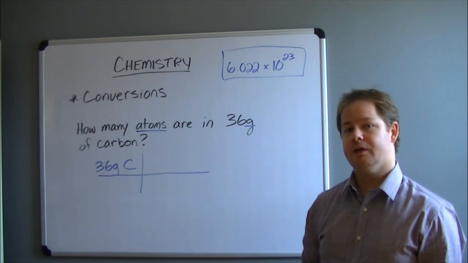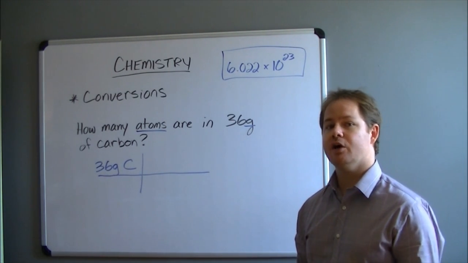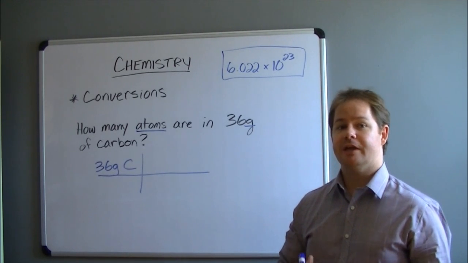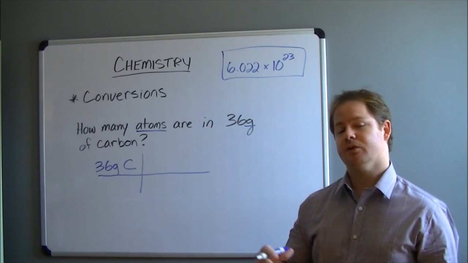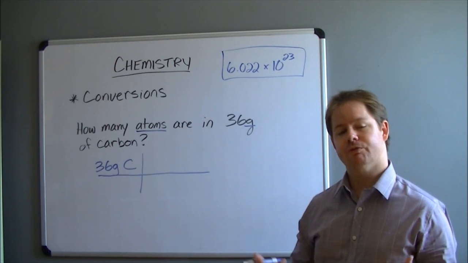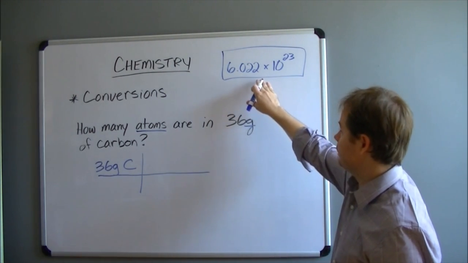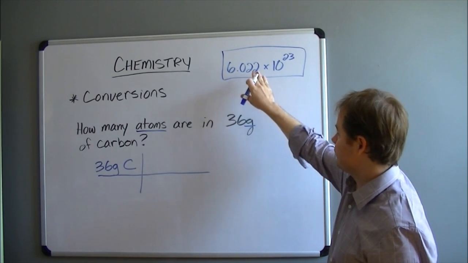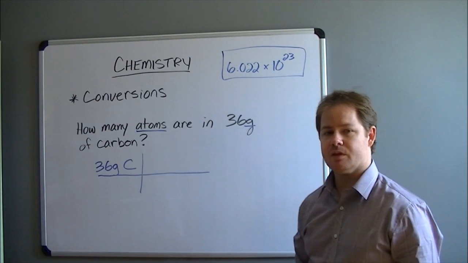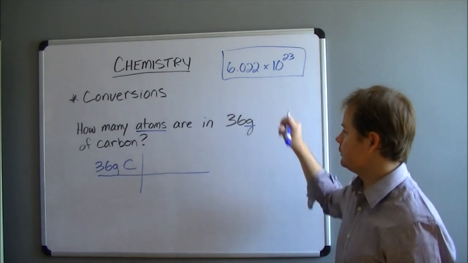Similarly to, in numbers, a googol represents 1 followed by 100 zeros. Well, rather than having to write out 1 followed by 100 zeros, it's easier to just use the term googol to refer to that large of a number. In this case, we're doing the same thing with moles. 1 mole represents this many atoms. So first we have to convert to moles, and then from moles we can convert into atoms.